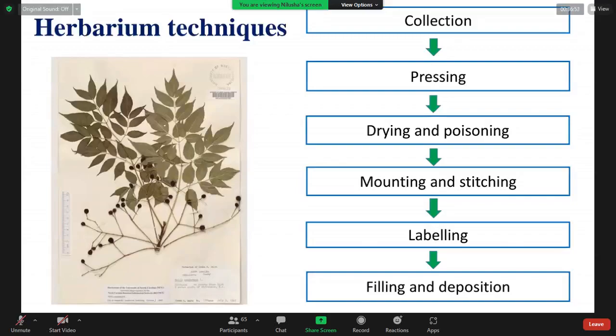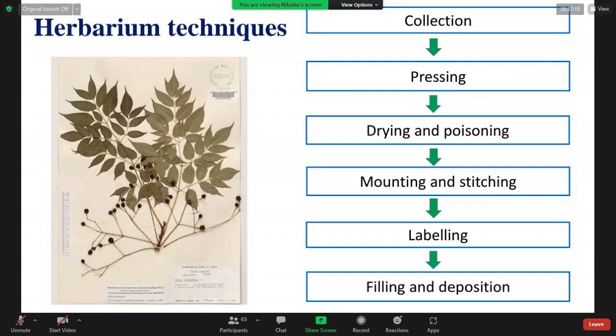After collection of the sample, you have to press it. Pressing is needed because fresh material contains moisture. If you can't remove it, because of the presence of moisture, the specimens may be damaged by mold or insects. So you have to remove moisture from the sample.